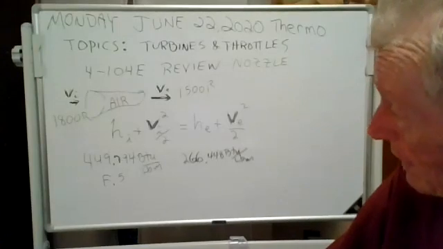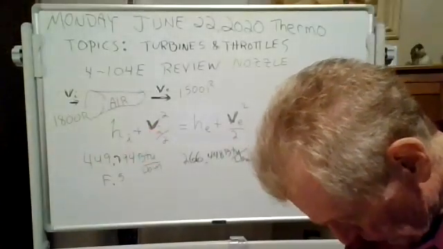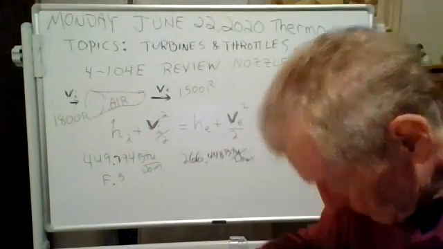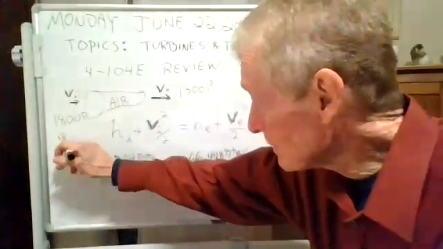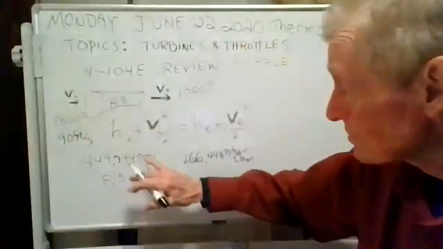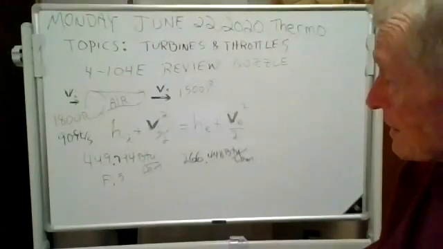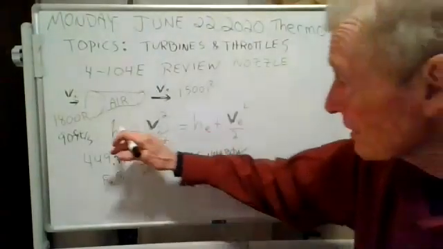Good. Okay. Now, see, they give you the velocity coming in. If you read the problem, they said it's 90 feet per second. So, see, we know that. And we know this. Here, I'll circle this.